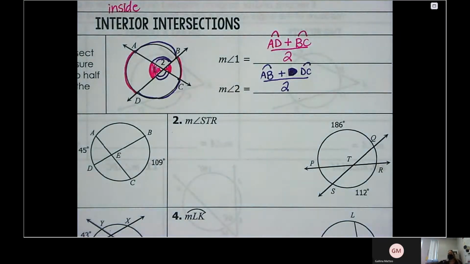Arc AB plus arc DC divided by 2. And that'll give me the measure of each one of those angles. If I added up all 4 of those angles together, what should I get? 360 degrees. Good. Okay, so it's a good and easy, quick way for me to check if I got my answers right or wrong. So let's try an example.